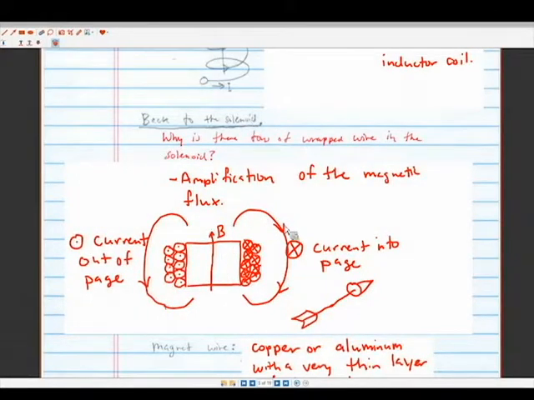Just like this coil here, which has a north side and a south side, the magnetic flux lines always go from north to south. Same way here. Sorry, I drew this incorrectly. Oh, that's right, never mind. So we have magnetic flux lines going from north to south, right?